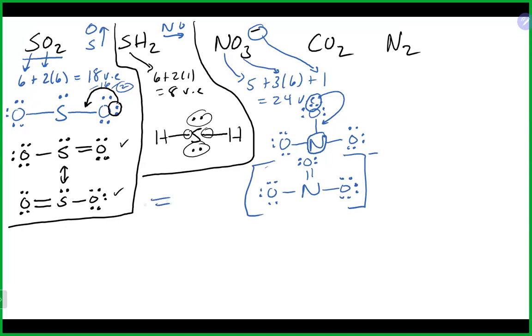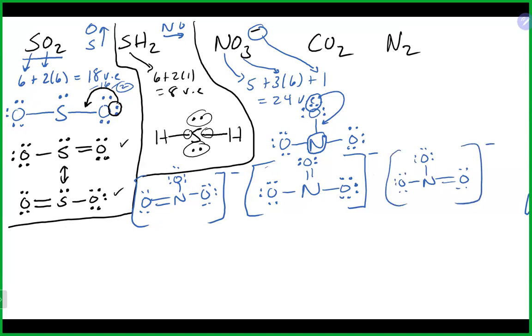You could have double bonded there to the left, or you could have double bonded there to the right, and it would look something like this. And in this case, just like carbonate, we have 3 resonance structures that are equivalent to each other. Any questions on that one there?